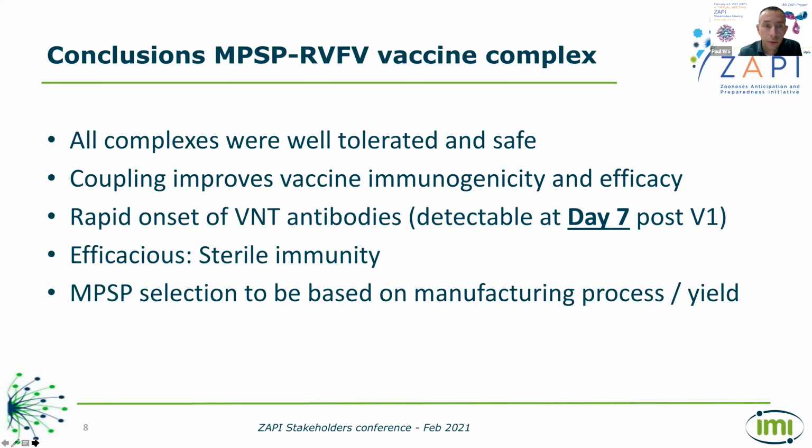So we now also show this for this important species, and we show rapid onset of neutralizing antibodies, detectable after one vaccination already. Highly efficacious, so sterile immunity was observed, and I think the MPSP selection can now be made mainly on the manufacturing process, as we observe no major differences.